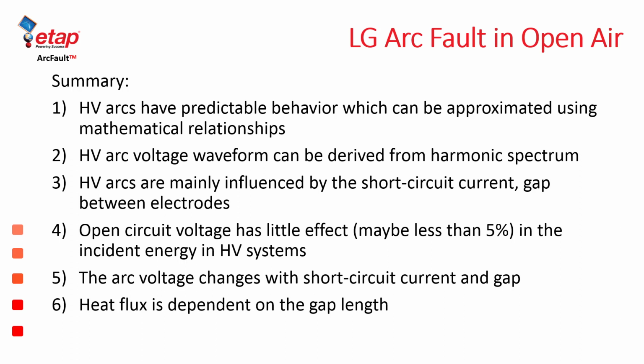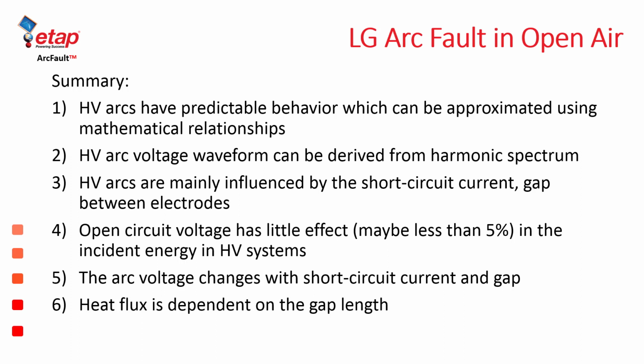High voltage arcs are also mainly influenced by the short circuit current and the gap between the electrodes. The open circuit voltage has little effect, and may in fact be less than 5% of the overall incident energy in high voltage systems. The arc voltage changes with short circuit current and gap.